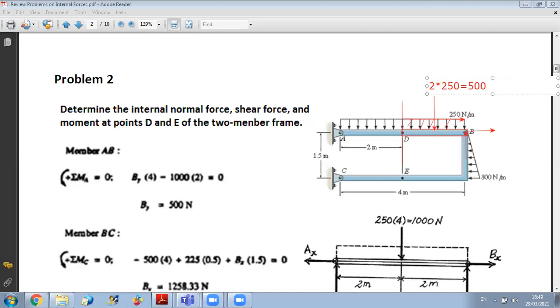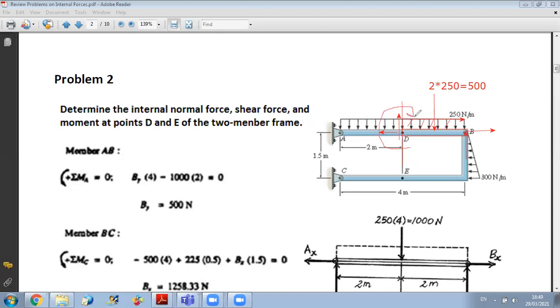Okay. Now, in order to get the internal forces and moment at D, I will use my convention. Since I'm working on the right part, BD, V is positive upward, the normal reaction is positive towards the left, and the bending moment at D is positive clockwise, to follow the conventions.